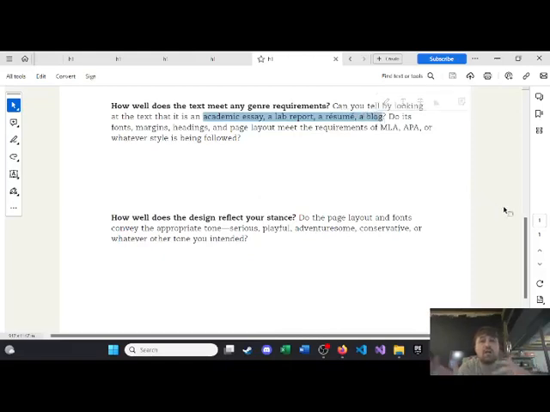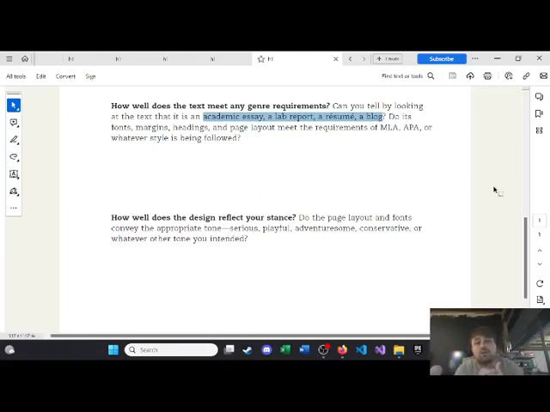Each of those has different requirements, right? They have genre requirements. So an essay, it's going to have paragraphs, it's going to have a title, things like that. A lab report, that's going to have like a procedure and results. A resume is going to have like your work history, and a blog that might be more informal. It might just have the date and title of the blog and then whatever you happen to write, right?